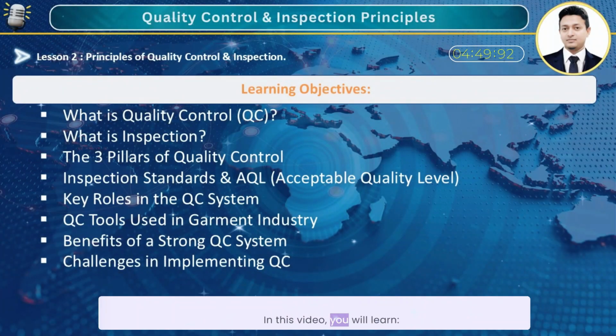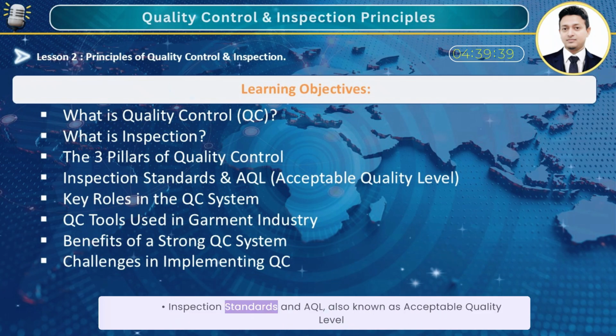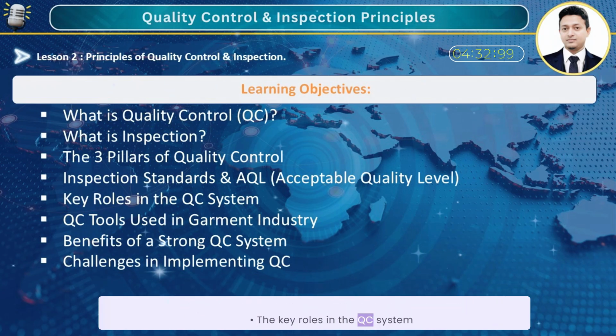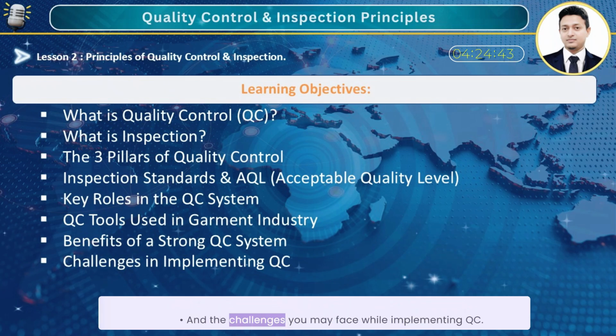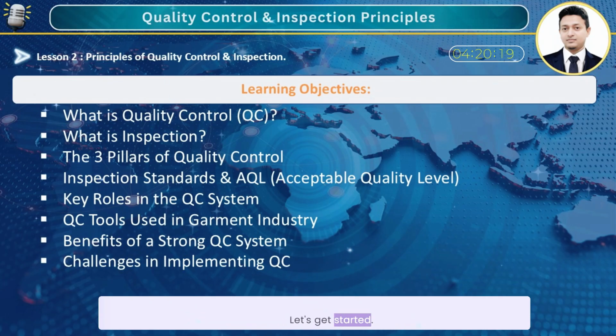In this video, you will learn what is quality control or QC, what is inspection, the three pillars of quality control, inspection standards and AQL, also known as acceptable quality level, the key roles in the QC system, QC tools used in the garment industry, the benefits of a strong QC system, and the challenges you may face while implementing QC. Let's get started.